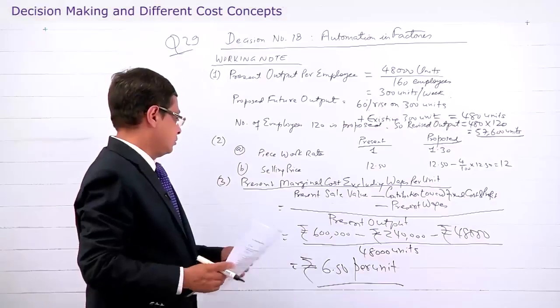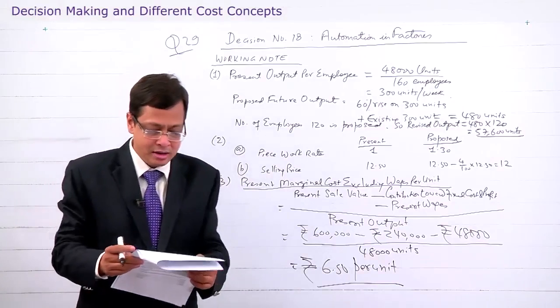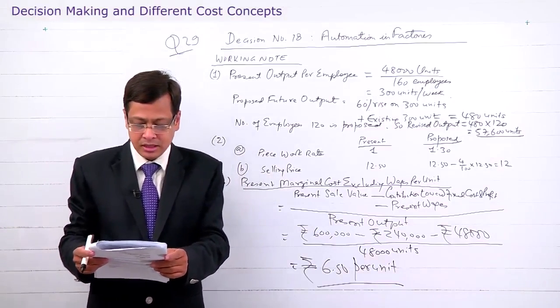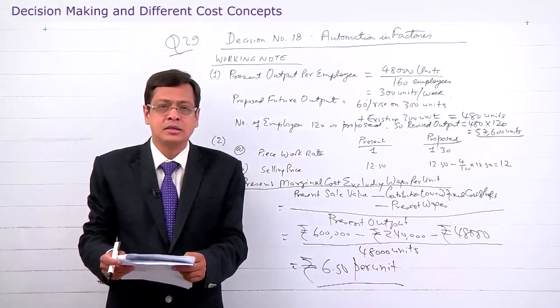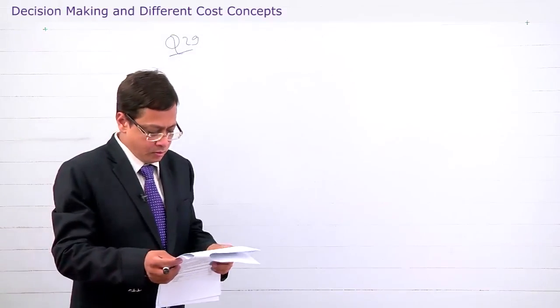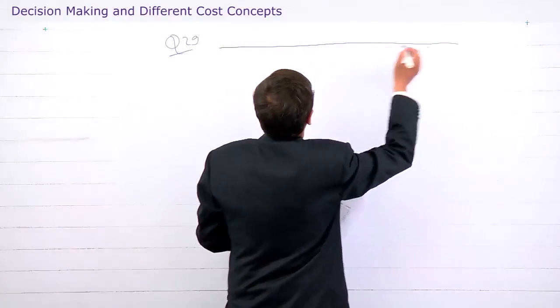So friend, now we are going to make the final presentation where we are going to evaluate the project and give information about extra weekly contribution from automation. So I am going to rub this page. So we are going to make the final presentation.